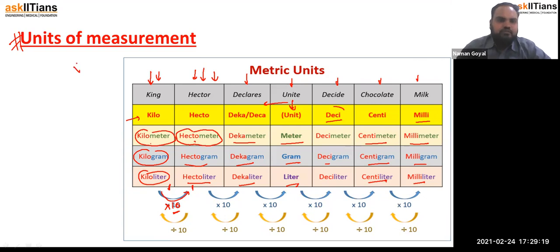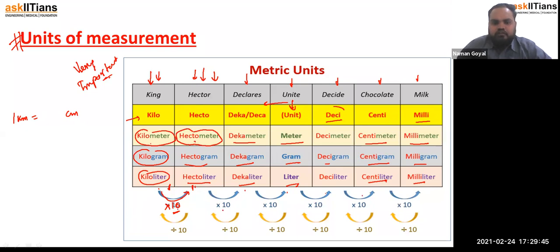So this table is very important. If you want to make notes, you can draw this table in your notes. This is all about units of measurement. If I ask how many centimeters are in 1 kilometer: from kilo to hecto is 10, then 10, then 10, then 10, then 10.